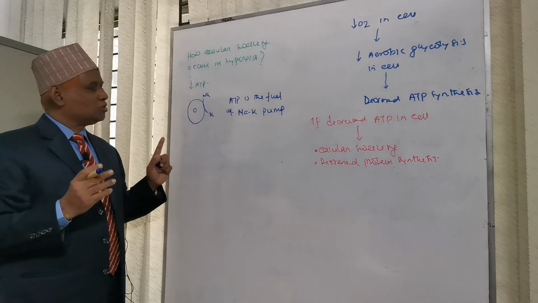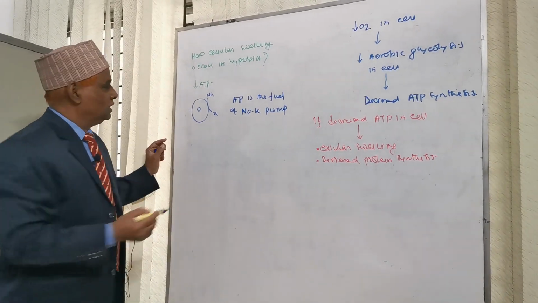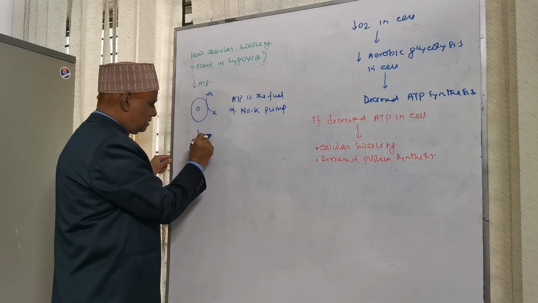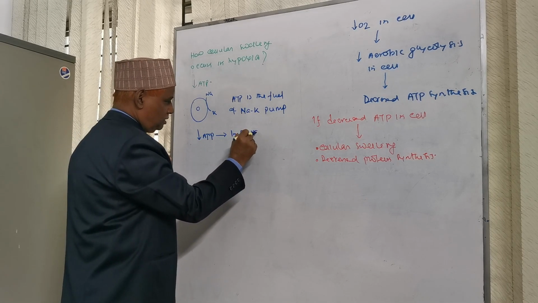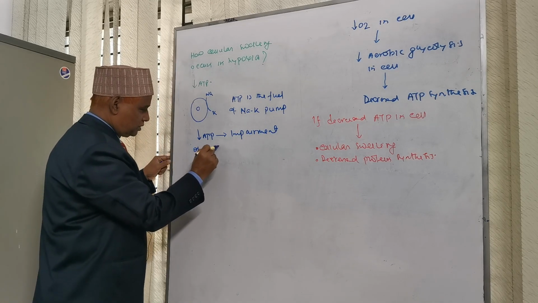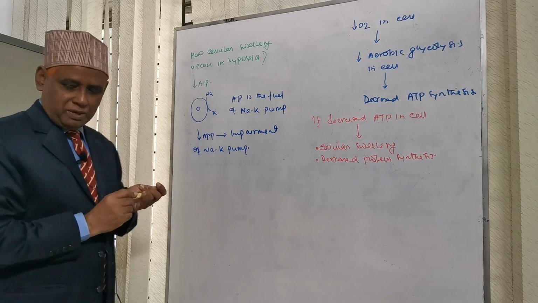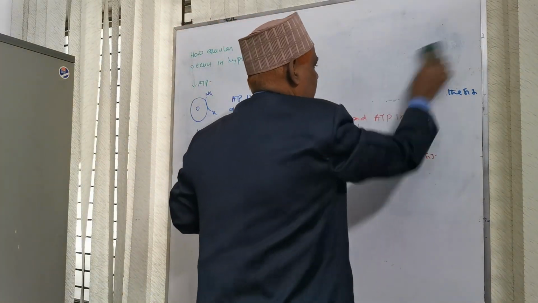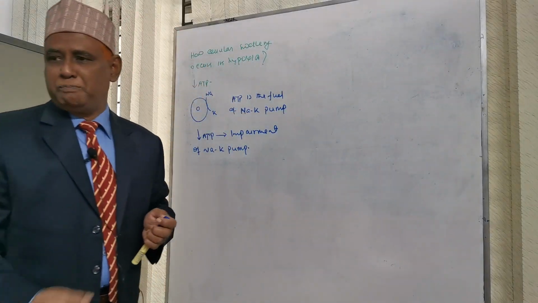If ATP is diminished, what will happen? The pump will be impaired. So, decreased ATP, there is impairment of the sodium potassium pump. If the sodium potassium pump is impaired, what will happen? There will be accumulation of sodium within the cytoplasm of the cell with escape of potassium.